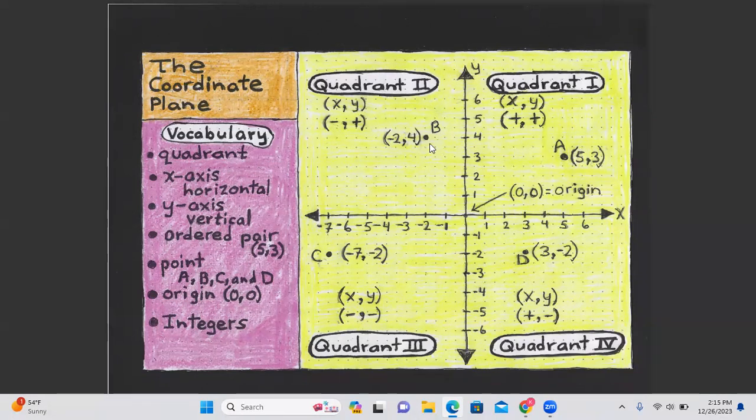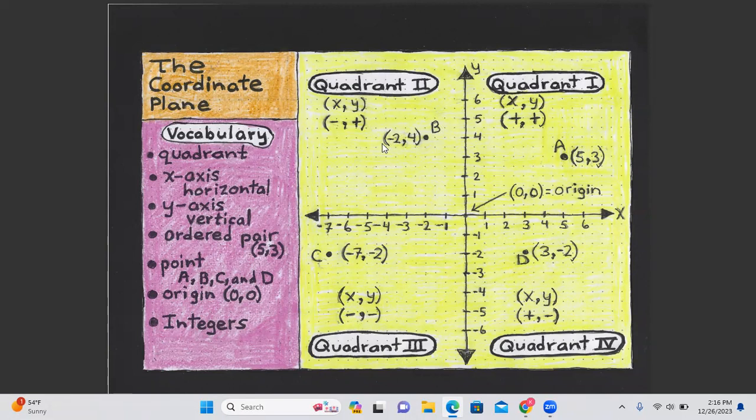Let's take a look at point B, in which we will go from the origin 2 units to the left on the x-axis: -1, -2. We stop here, and then we move up 4 units: 1, 2, 3, 4. We notice that point B is located at (-2, 4).